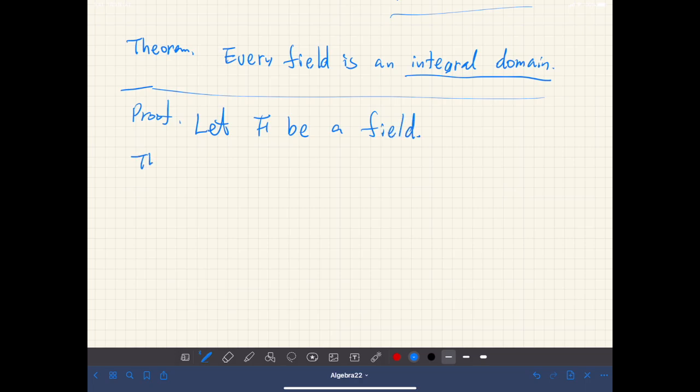Then by the definition of a field, F is a commutative ring, so the multiplication is commutative. Ring with an identity element.